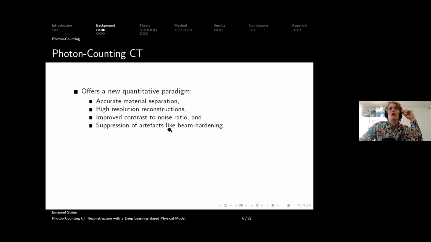And with this new way of thinking about CT, having more accurate physical models becomes much more useful, because you want to squeeze every last drop of performance out of this highly sophisticated technology. So having a very detailed account of the physical effects behind the scanning process becomes much more useful.